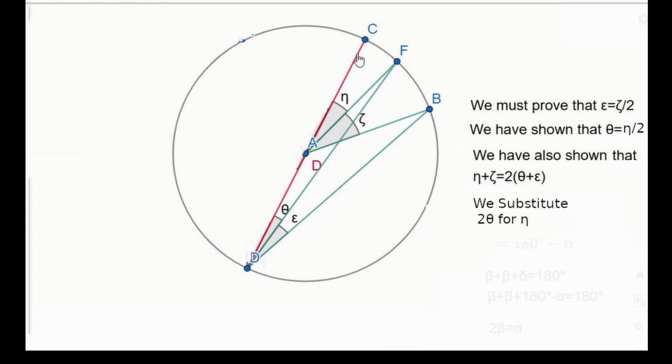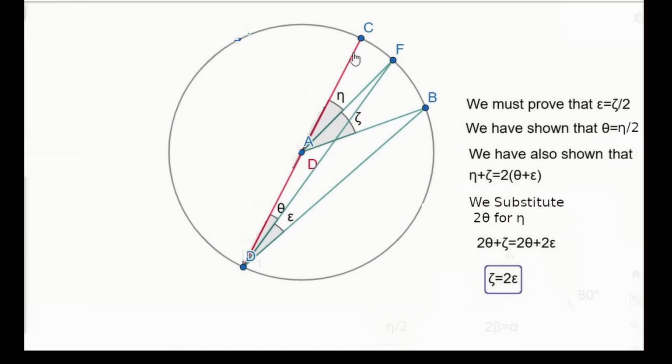Now replace eta with 2 theta. 2 theta plus zeta equals 2 theta plus 2 epsilon. Subtract 2 theta from both sides, and we obtain zeta equals 2 epsilon. This is exactly what we wanted to prove.